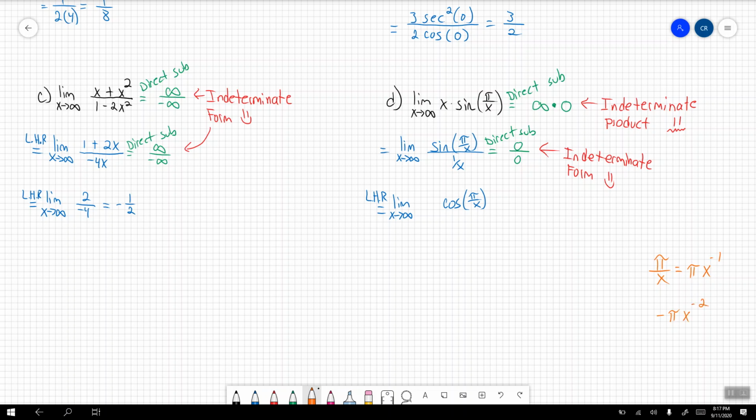Which means what we will get for my coefficient, or the value that's multiplying by the chain rule, is going to be negative pi divided by x squared. That's part of the chain rule.